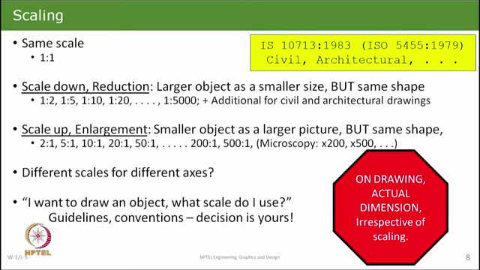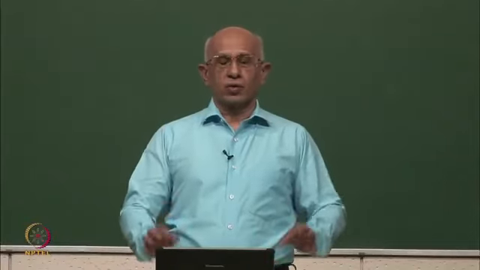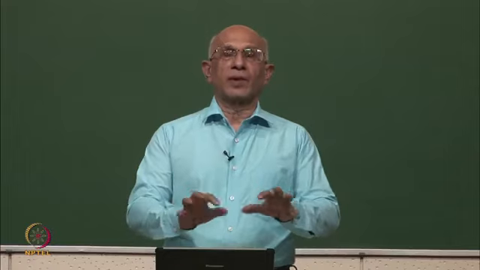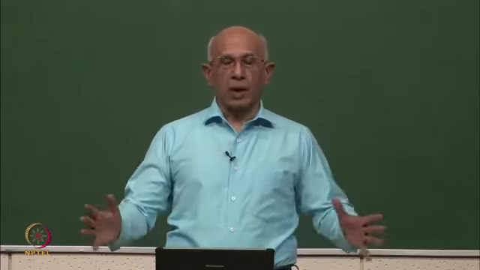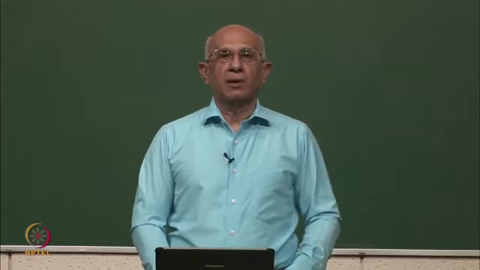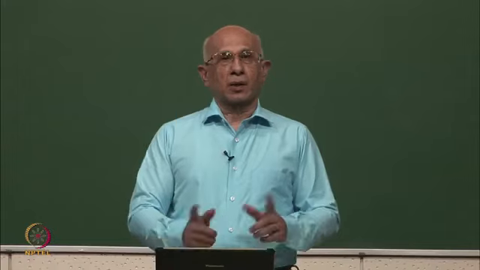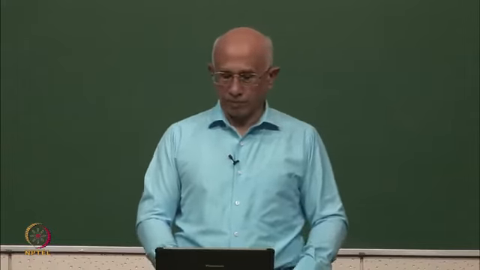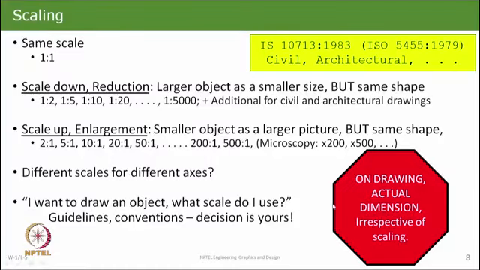So, irrespective of the scale, on a drawing, we will always show the actual dimensions of that particular object. We may scale down the drawing by a factor of 20, and so 20 meters may look like 1 meter, but on the drawing we will write 20 meters, not 1 meter. So, that is an important thing to keep in mind all throughout this course.